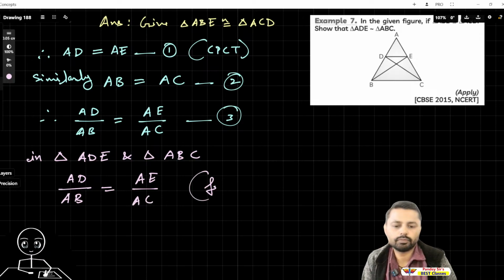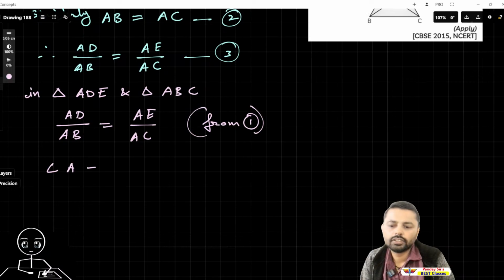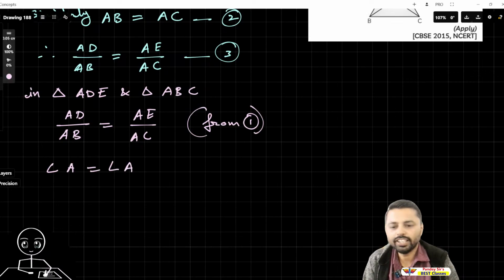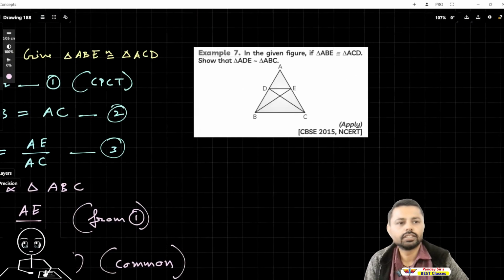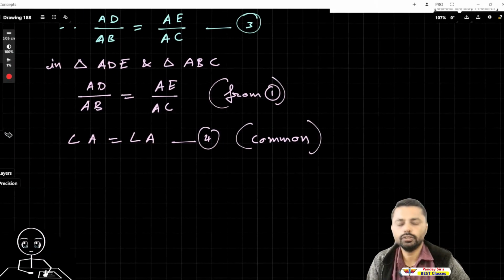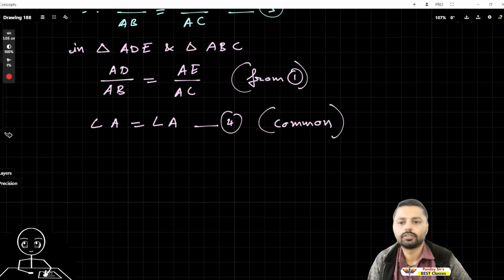So from 1, angle A equal to angle A. Why? Let's call it number 4, and it is common. See the triangle, angle A is the common one, in ADE also and in ABC also. So now by which criteria? Side angle side.